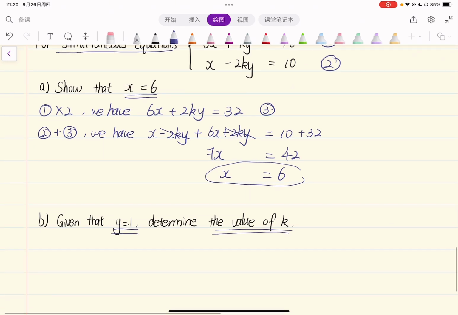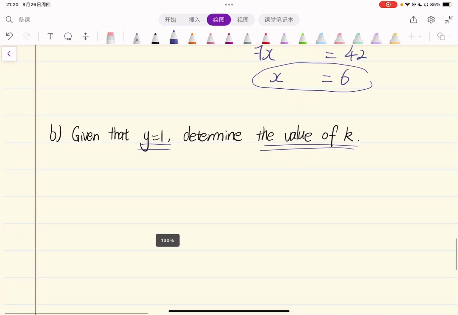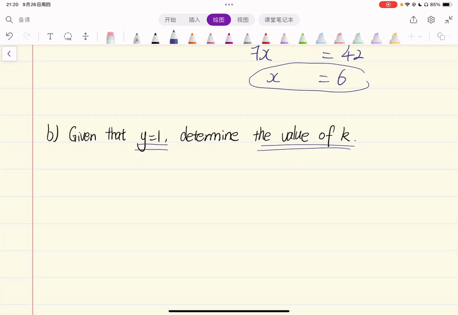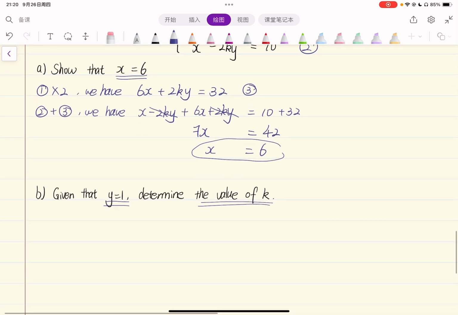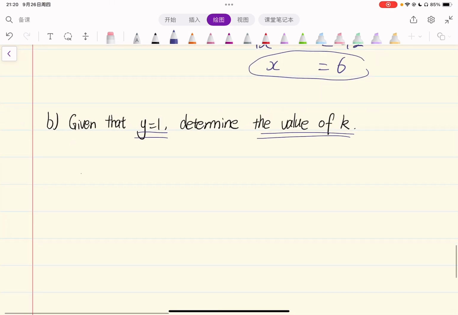In this case, we rewrite the equations. So 3x plus k equals 16 and x minus 2k equals 10. We can substitute x equals 6 directly because k does not affect the value of x.